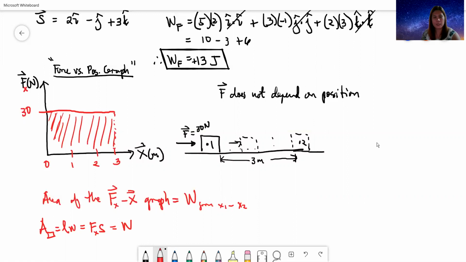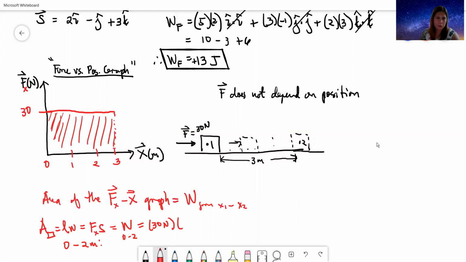So for this particular case, let's say, what is the work done from 0 to 2 meters? Oh, kunyari ganyan. 0 to 2. So ang length would still be 30 newtons. I mean, the height here is 30 newtons.